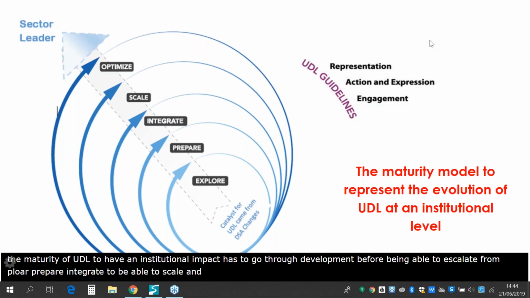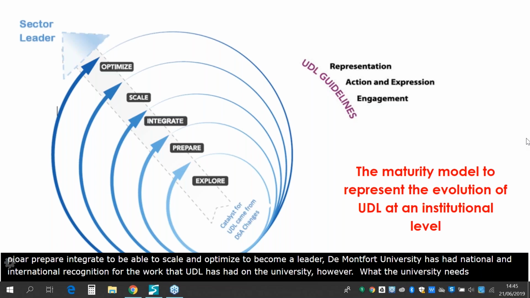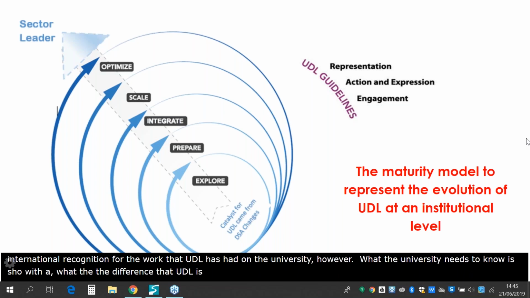De Montfort University has had national and international recognition for the work that UDL has had on the university. However, to become sector leading, what the university now needs to show is, so what? What is the difference that UDL is having on students at the university?